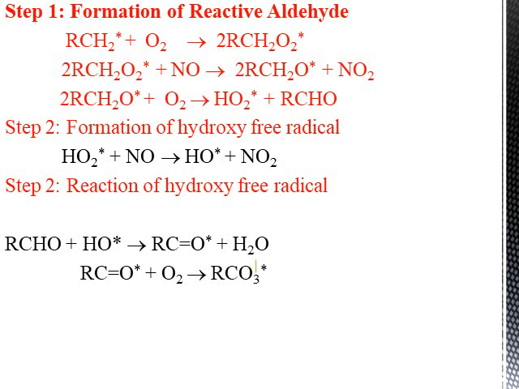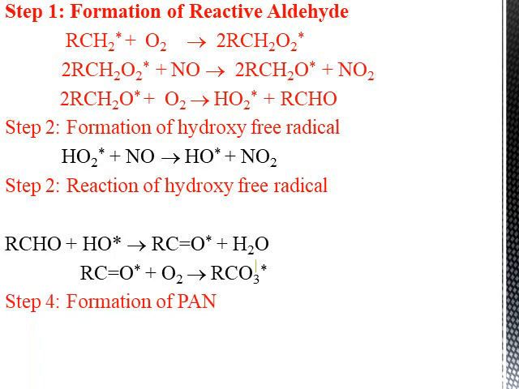Now the RCHO reacts with HO dot and forms RC double bond O dot, that is again a carboxy free radical, carbon with an oxygen free radical, and a stable water molecule. Now this carboxy free radical is again unstable. This unstable free radical will react with oxygen again and form an RCO3 free radical.